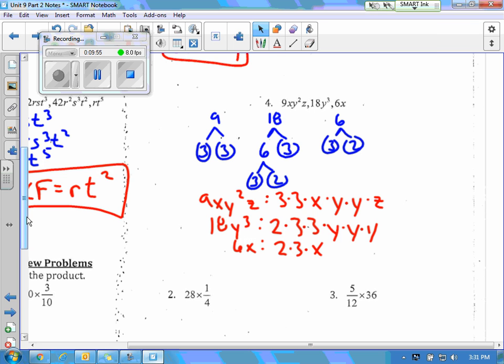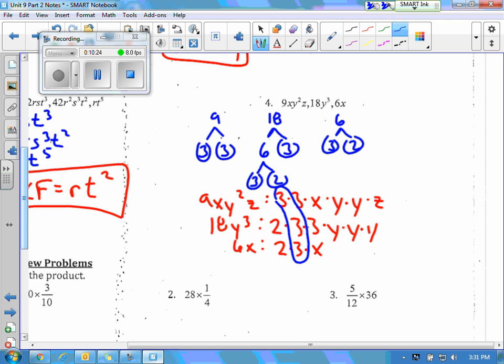So remember, when we have 3 things and we're finding the greatest common factor, all 3 have to have it in common for it to work. So if you look, 9x y squared z does not have any 2, so those 2's don't matter. They all have this 3 in common, but that's it from the number part, okay? 9 and 18 have another 3, but 6 doesn't. Then if you look at all the variables, there isn't a single variable that they all have.